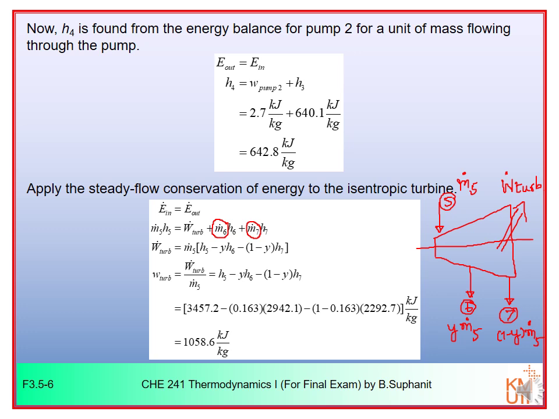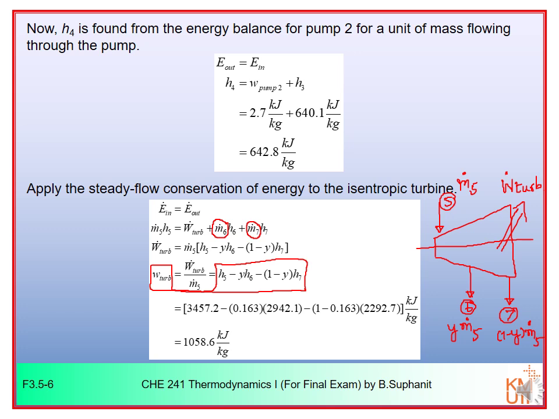Now we can rewrite this equation to calculate the turbine work. In this case, we don't have the total flow rate of the steam inside our cycle, so we can divide by M5 on both sides. We will get the specific turbine work equal to H5 minus Y H6 minus (1 minus Y) H7.